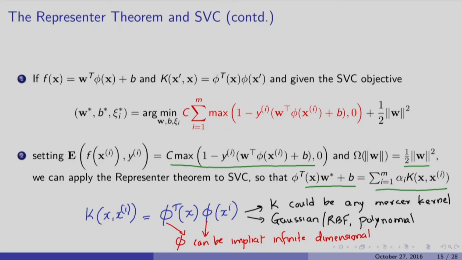In fact, if X happens to be text documents, you could also look at string kernels. If X has tree representation, you could look at tree kernels. X could be a graph, in which case you could look at graph kernels, and so on.